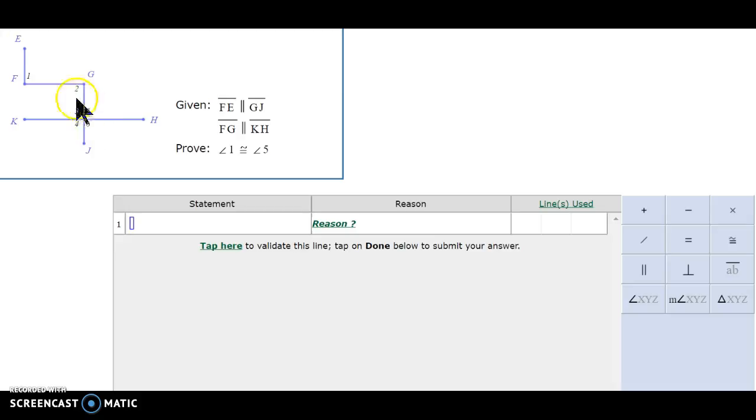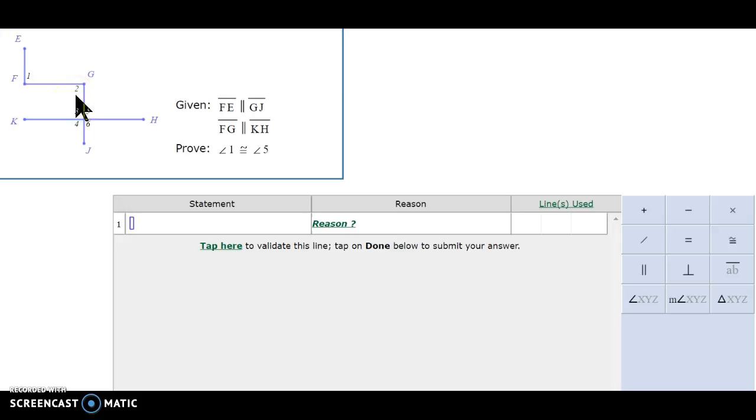I hope your answer is alternate interior, right? So I have one line over here, another parallel line over here, and my transversal goes like that. So angles 2 and 5 are alternate interior, which means they will be congruent. Okay, let's keep that as a mental note, right?